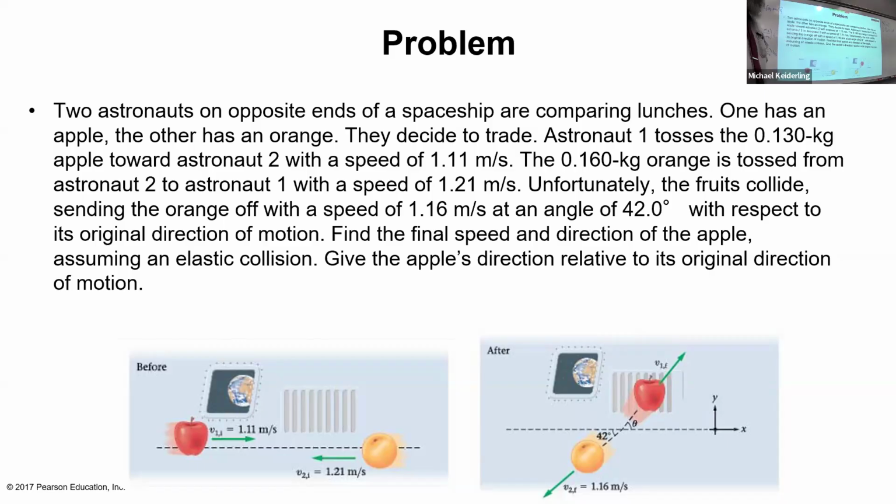So you can do this just with conservation of momentum, or you can do it with conservation of kinetic energy and conservation of momentum. Both ways work. I think the book does conservation of kinetic energy and momentum. My first instinct is to do this one with just conservation of momentum. But the general idea is you break it up into X and Y directions and work out things from there.